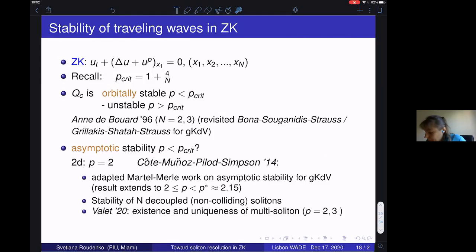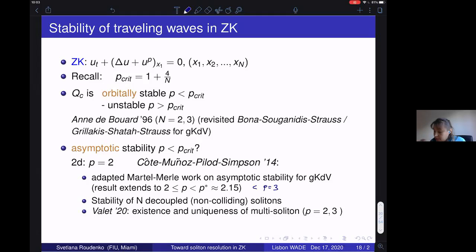Back in 2014, there was a very nice paper by Côte, Muñoz, Pilod, and Simpson. What they did, they tried to adapt the Martel-Merle work on asymptotic stability for generalized KdV. And they were able to actually extend not only for p equals 2, but a little bit larger. There's a specific range, but one can notice that it's definitely less than p equals 3.